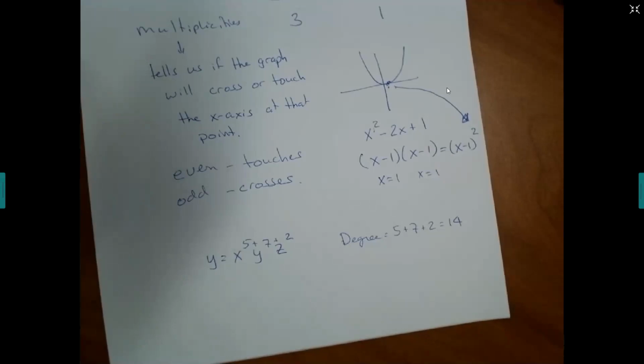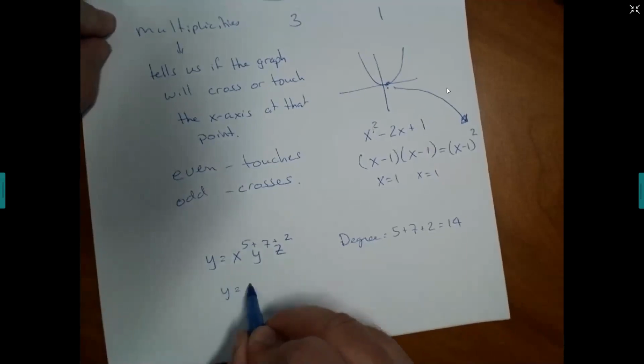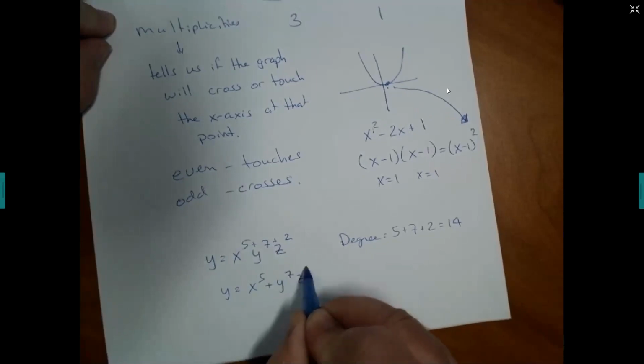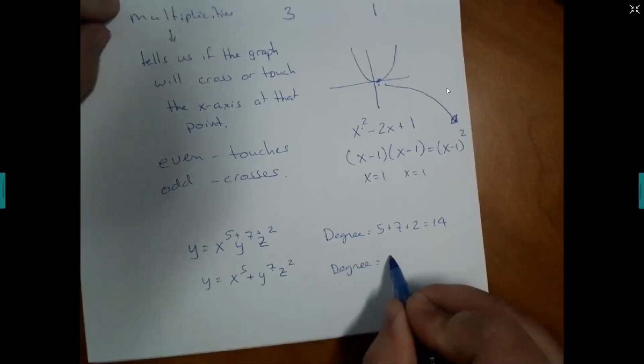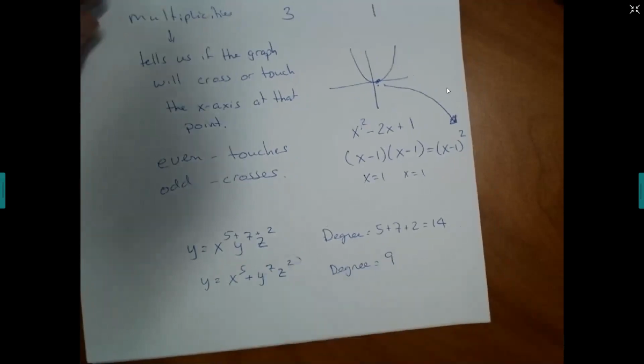That's the degree. But if there's a plus or a minus sign, then it's the highest sum. If it was x to the 5th plus y to the 7th z to the 2nd, the degree is 9 because it's only these two added together. Make sense? So the degrees and multiplicities working together tell us whether the graph is going to cross at that point or not.